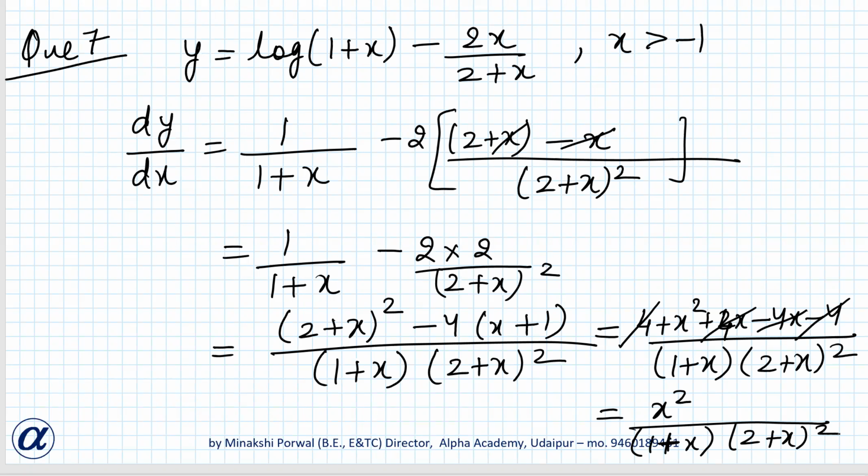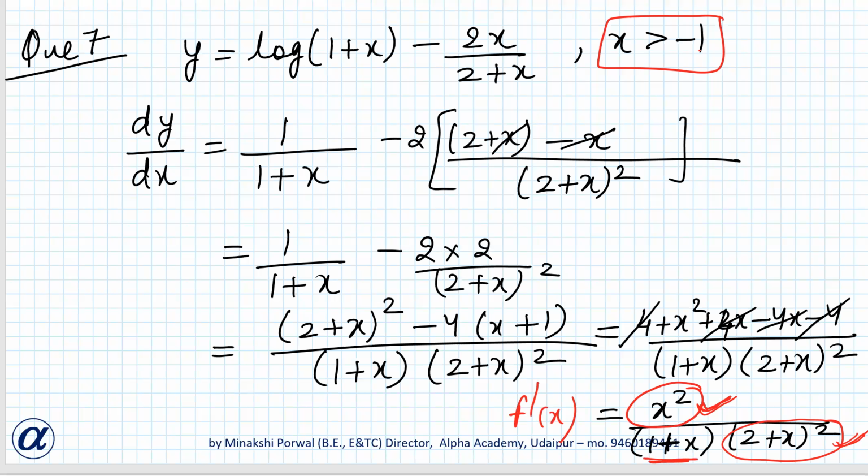Now we have to prove that the function is increasing, and x is always greater than minus 1. This is f dash x. Here you can see the numerator term is x square, so whatever the value of x, this will always be positive. 2 plus x the whole square will also always be positive because it is a square of something. And as x is greater than minus 1, 1 plus x will always be positive.